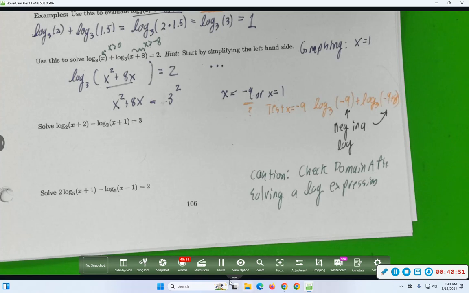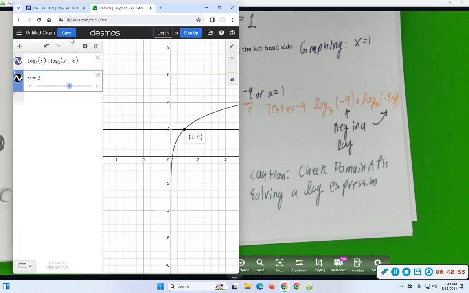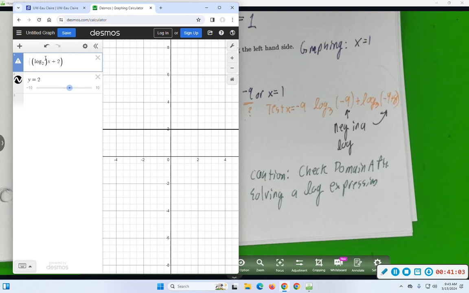Maybe I'll even start the same way. Let's start by graphing log base 2 of x plus 2. Is it always left to right with dividing? So the first logarithm would always be over the second logarithm? The thing that is being subtracted from will be the thing on top of the division symbol.